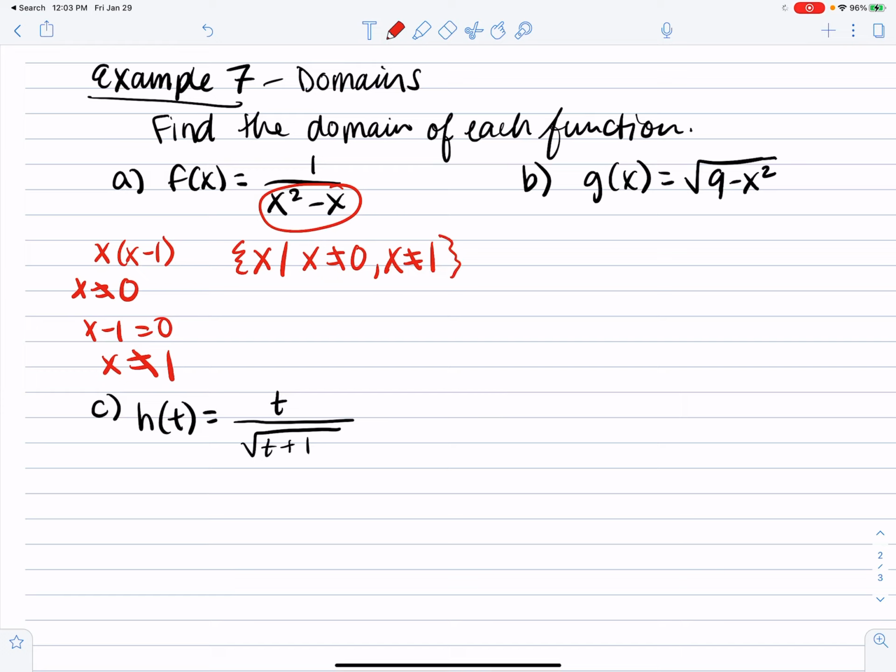And you can write it in interval notation as negative infinity up to 0, but not including 0. 0 to 1, but not including 0 or 1. 1 to infinity, not including 1.